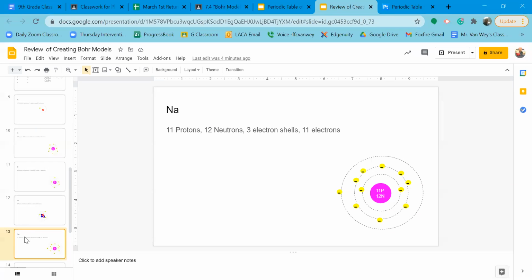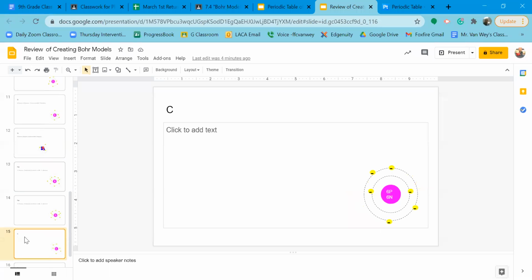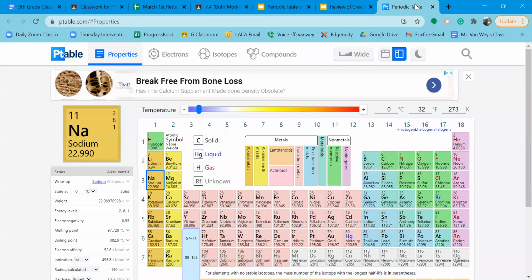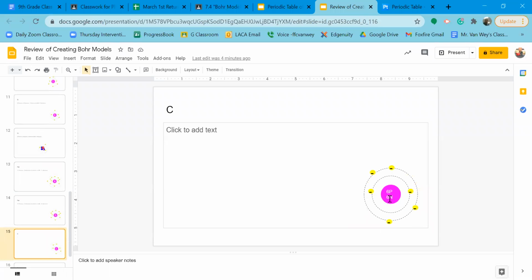So here we go. I think these are out of order. It's going to have 6 protons. I do the math. It has a mass of 12. So 12 minus 6 tells me that there are 6 neutrons.